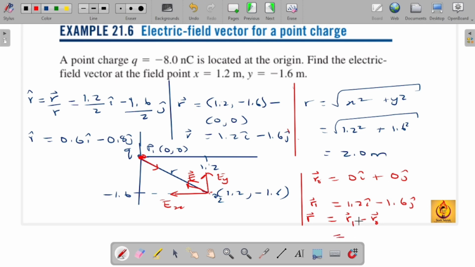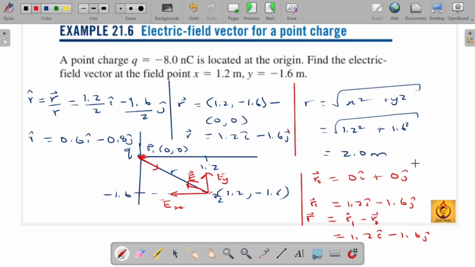You'll have 1.2 minus 0, which is 1.2 i hat, and negative 1.6 minus 0, which is negative 1.6 j hat.